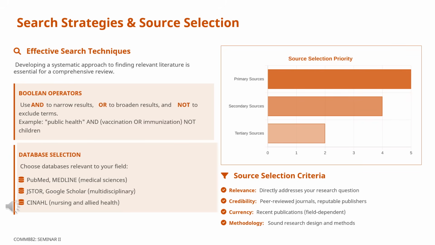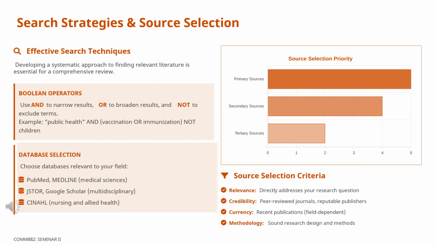For instance, we may use the Boolean operators, that is, the use of AND to narrow your result, or OR to broaden the result, and NOT to exclude terms that are not relevant to your topic.